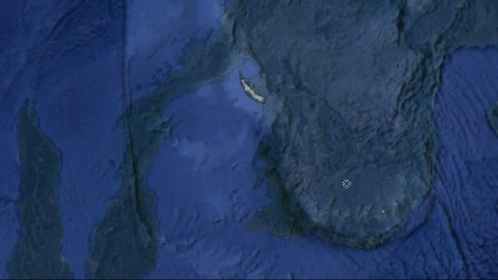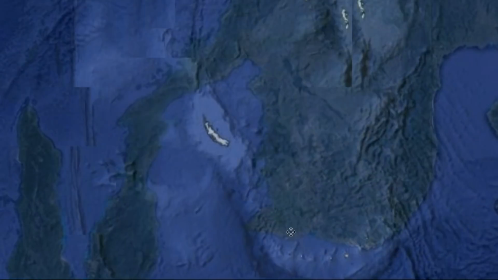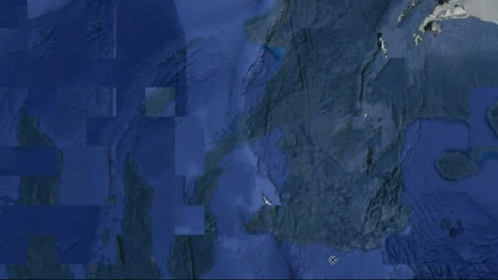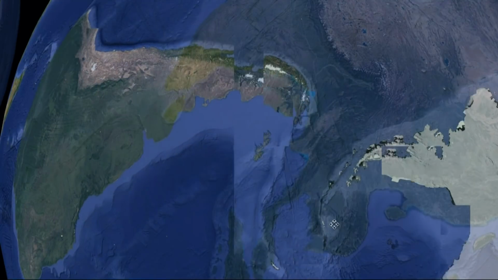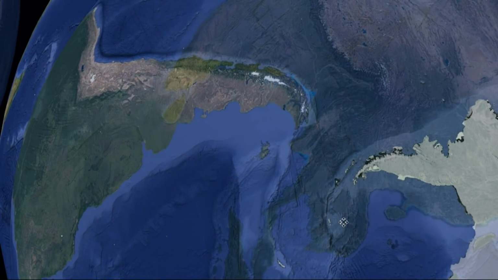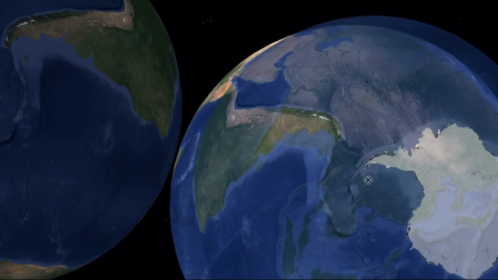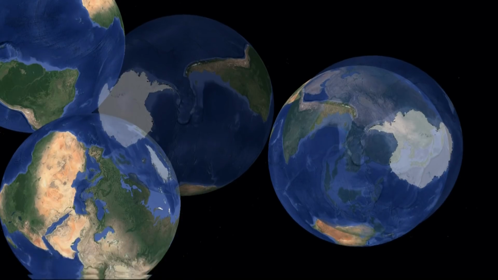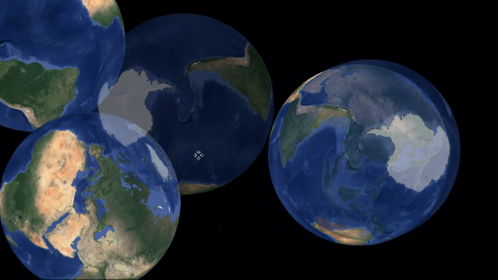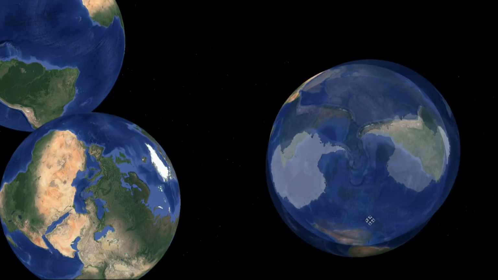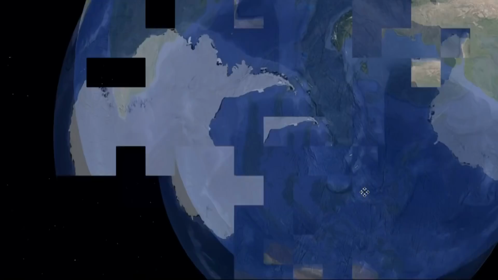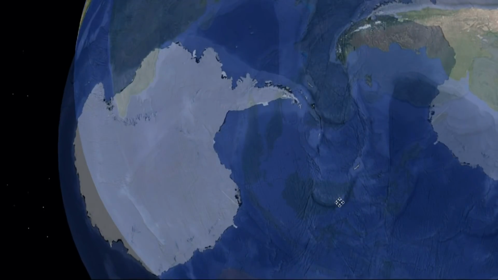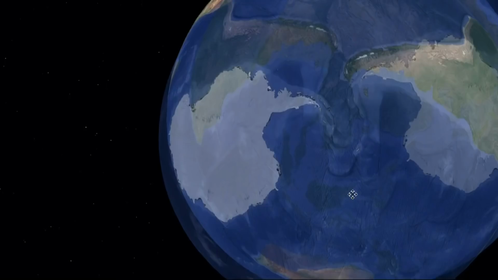Like that. See, it just worms its way through. It's like a corkscrew.